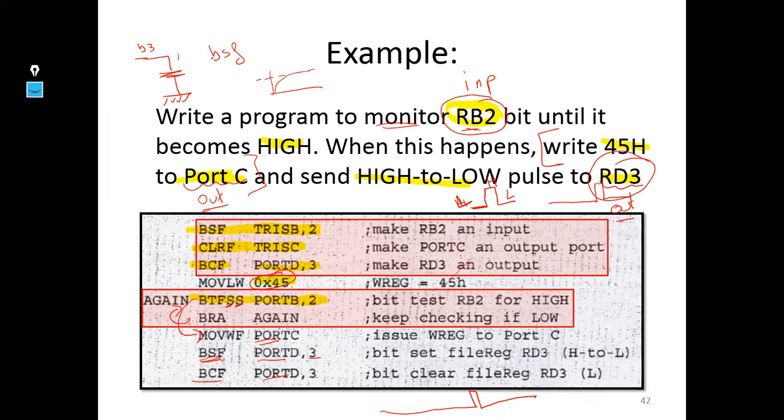Okay, if just after the bit set 5, you want to read this value. If you read the value from the latch register, you will find this value that you sent previously. But if you read the value from the port, you will find the actual value that is in the port.